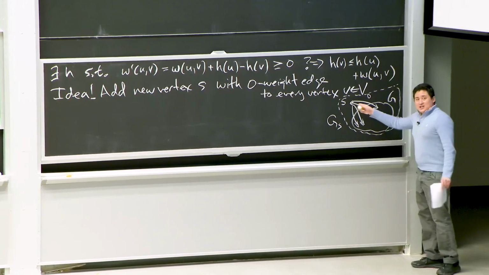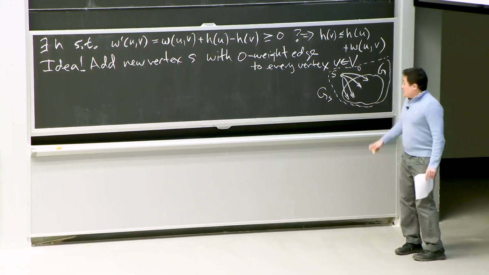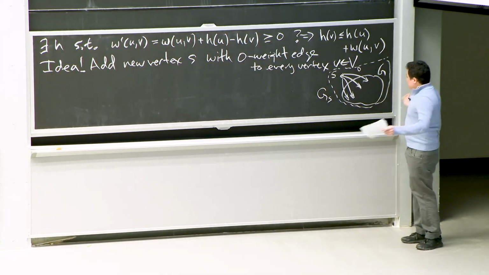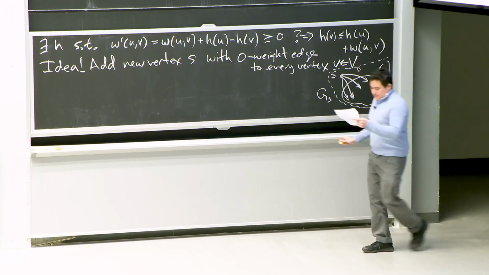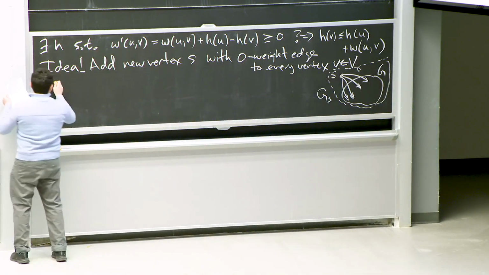If it's finite, then there's a finite length shortest path. If it's minus infinity, then there's a negative weight cycle in my graph, and I can stop, right? Okay, so there are either two situations.